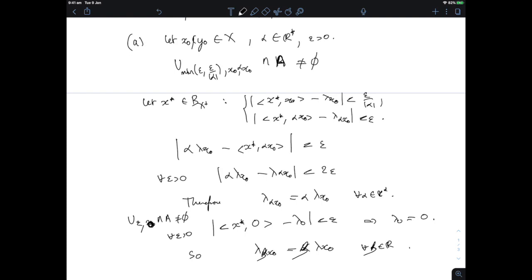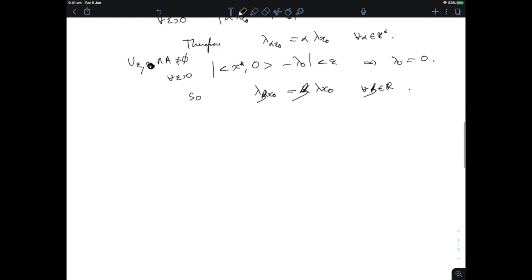Okay, so that's part of the linearity, but now I have to look at lambda x naught plus y naught. Now, this works almost exactly in the same way.